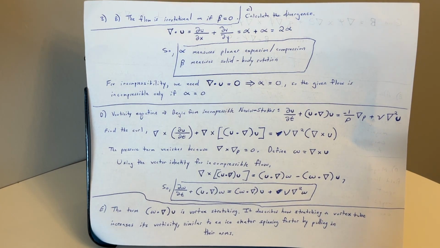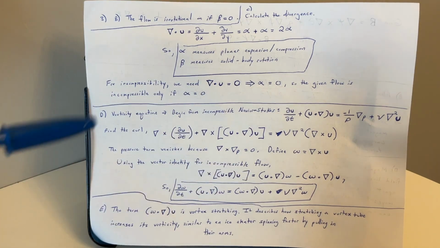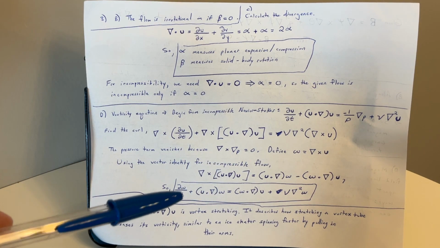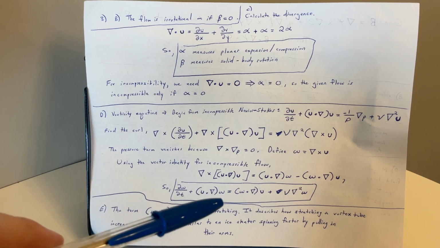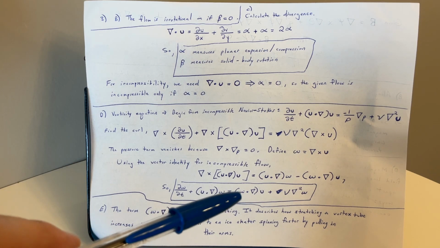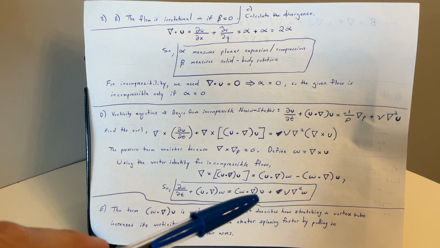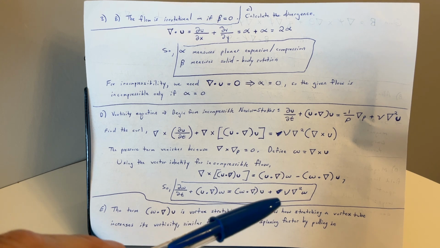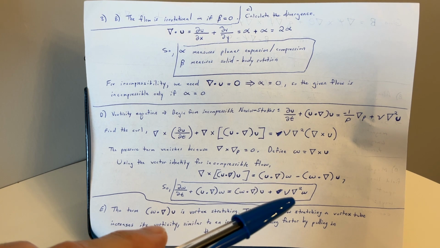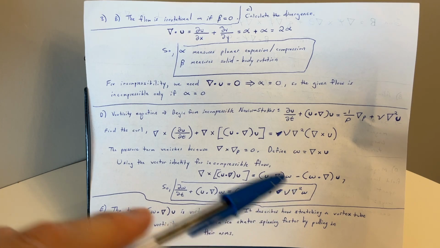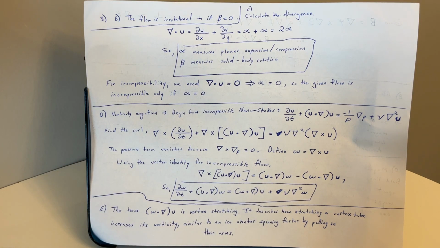What we wind up with when simplifying is d omega/dt plus u dot del omega equals omega dot del u plus nu del squared omega.